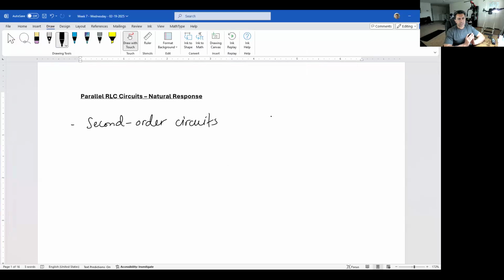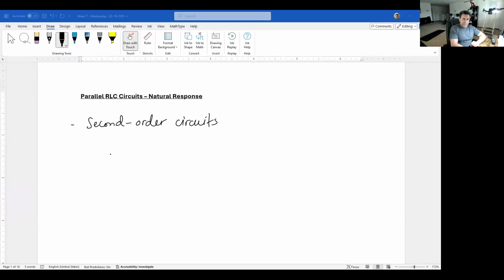Then how that energy is going to be dissipated from the inductor and the capacitor, and they will dissipate their energy, of course, through the resistor. And they also exchange the energy between inductor and capacitor as well. So all that discussion will be under parallel RLC circuits and under the natural response of parallel RLC circuits.